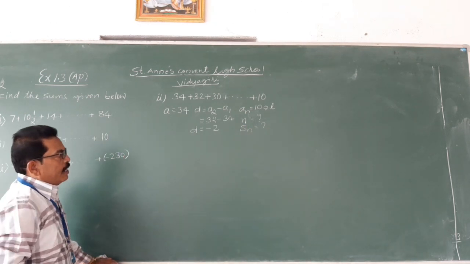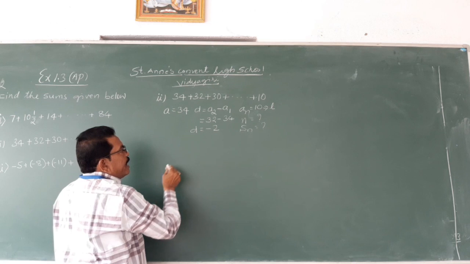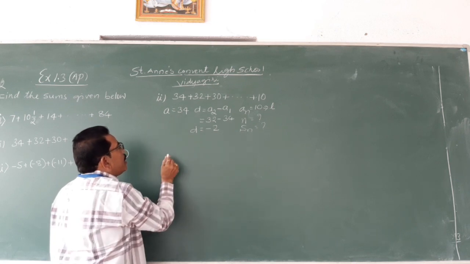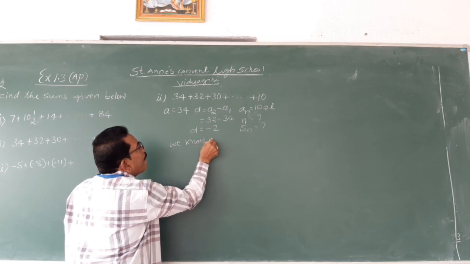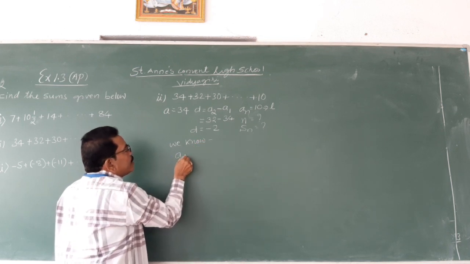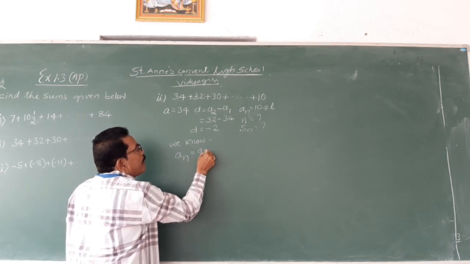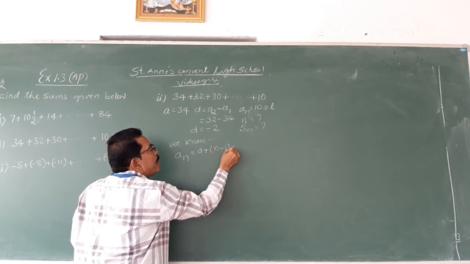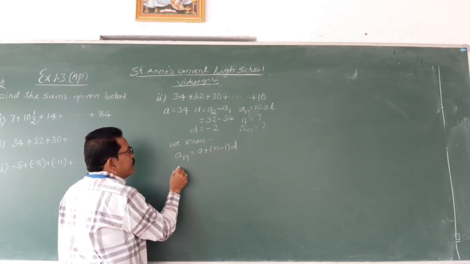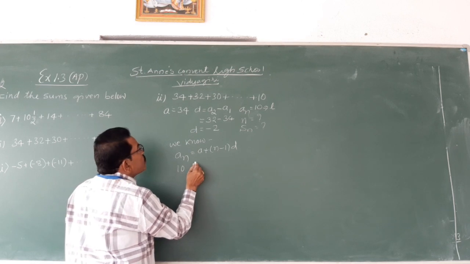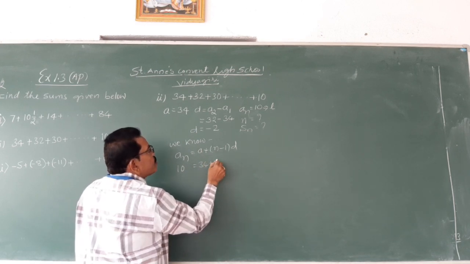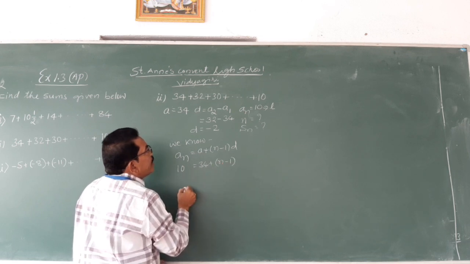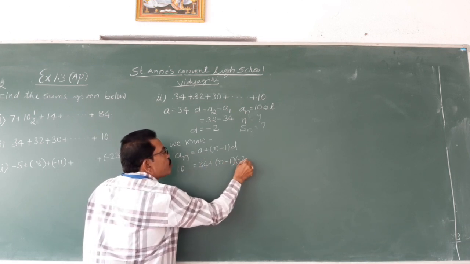Okay. Let us find the nth term of this given AP. We know an equals a plus n minus 1 into d. an is 10 equals a 34 plus n minus 1, d equals minus 2.